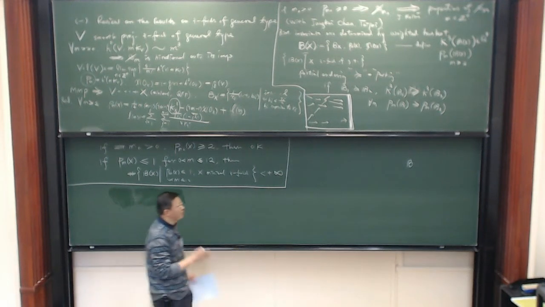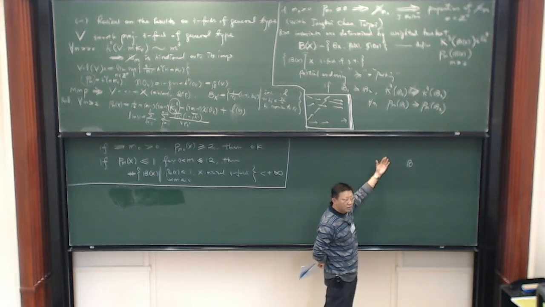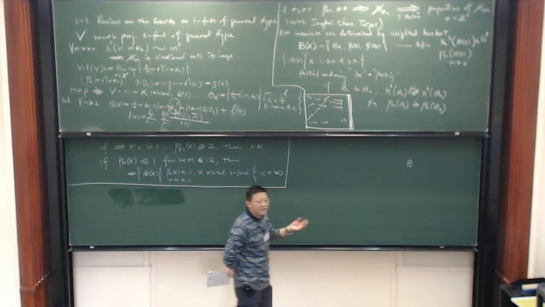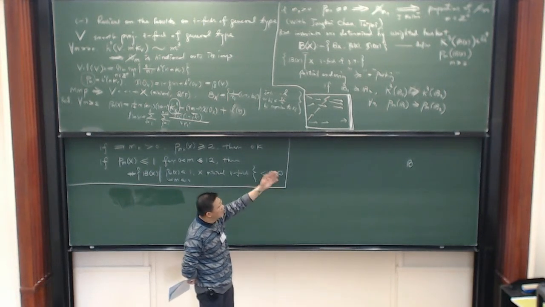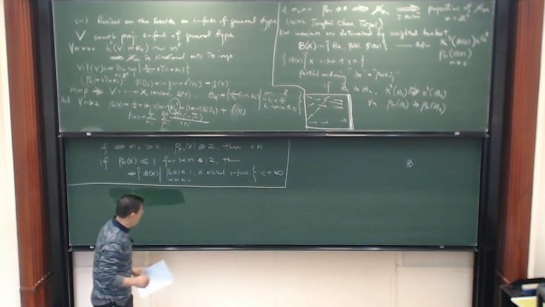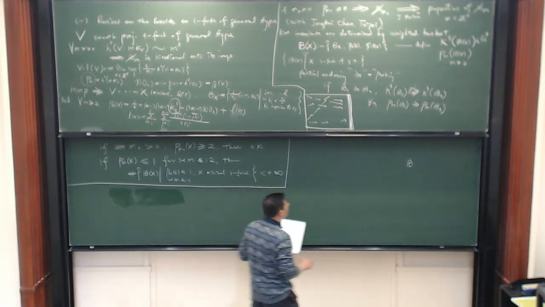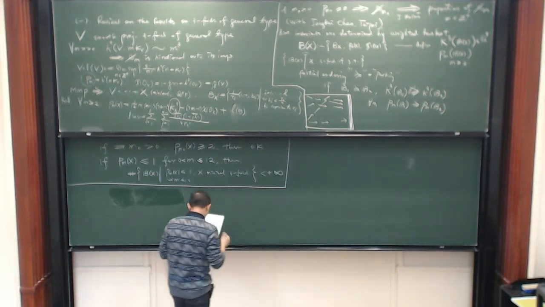What I mean by geometric is that it really corresponds to some concrete threefold. Otherwise, it's artificial, and we can throw it away. But this is a kind of geography.